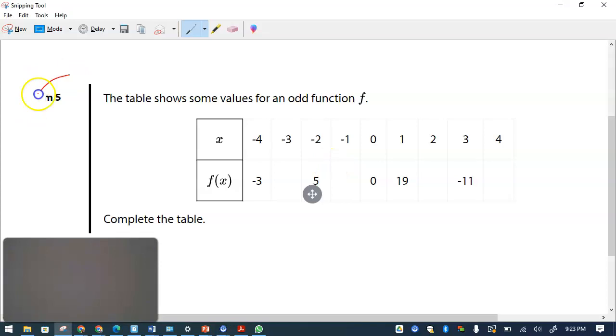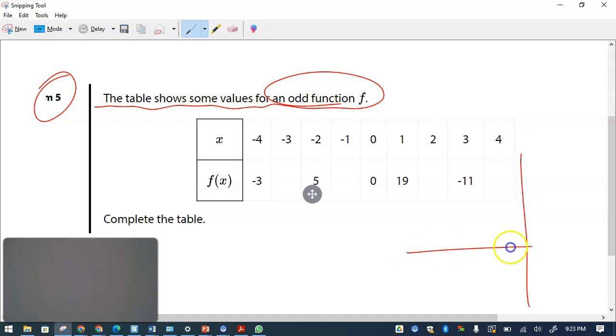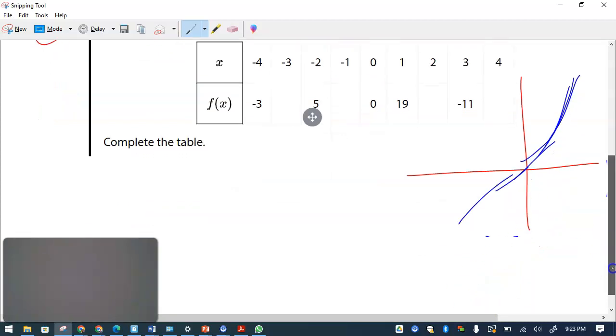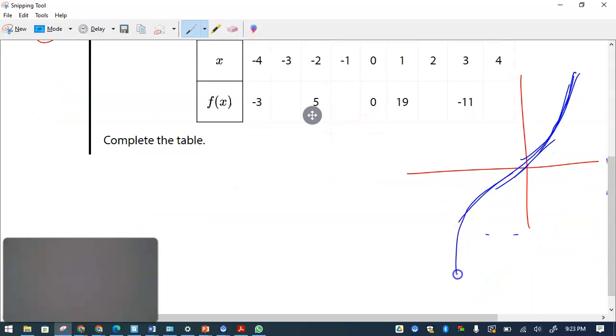Okay, question number 5, straightforward. They did give us that f is an odd function, and remember the meaning of odd function. Let me take this cubic function. If you have a cubic function like this, and there is a point, let's say 2 and 8, then the other side is a reflection.